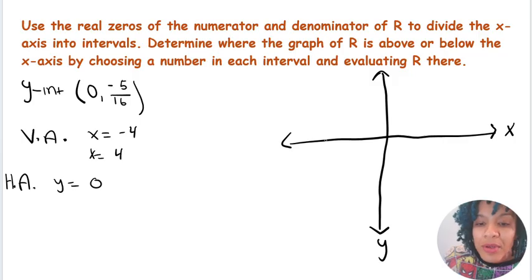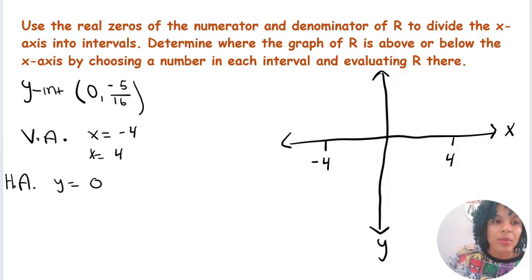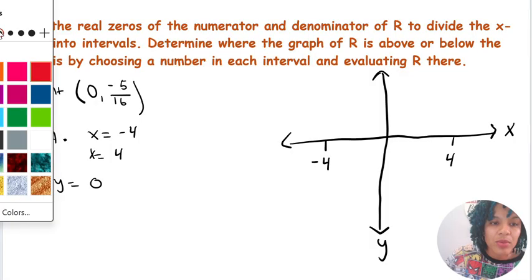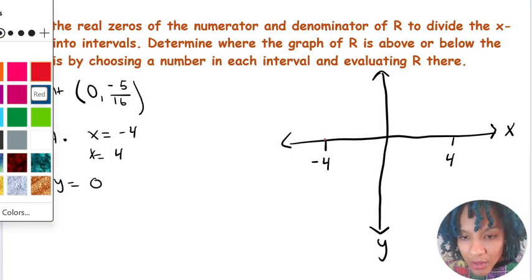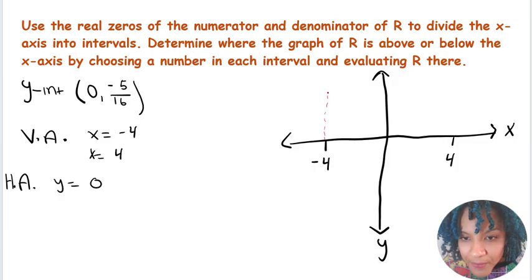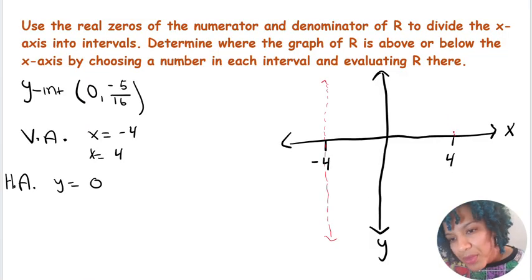I have the vertical asymptote at -4, and I have the vertical asymptote at 4. I'm going to use red, a little bit thicker, so these are my vertical asymptotes here.